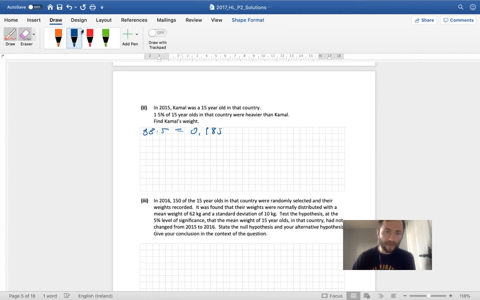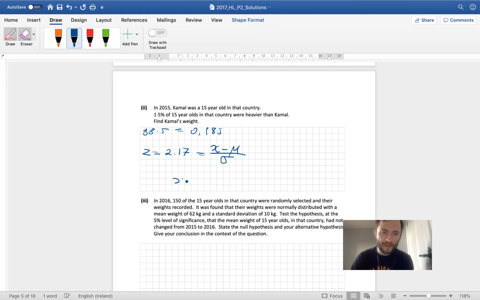So z in this case is equal to 2.17, and that is equal to the weight of Kamal, described with parameter x, minus the mean weight of this population over the standard deviation.